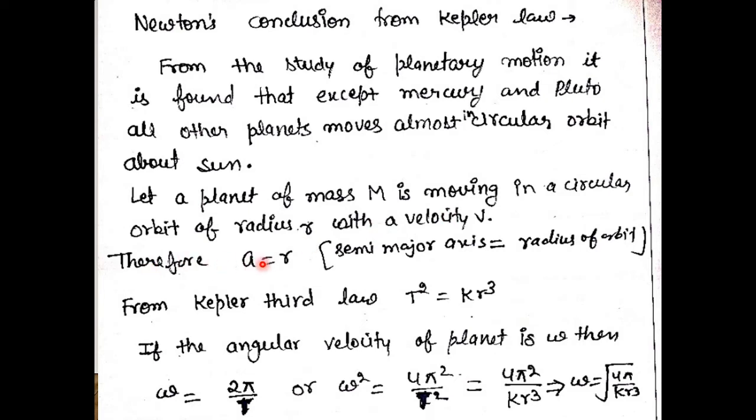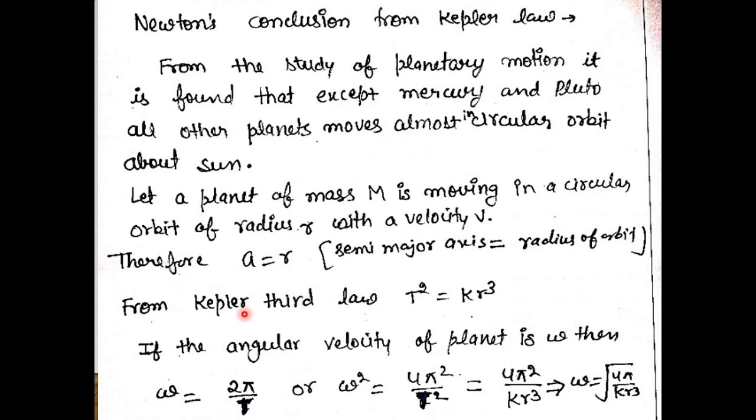So we will write a equals r, because here a is the semi-major axis, and since the orbit is circular, this becomes the radius of the circular orbit. So semi-major axis equals the radius of the orbit.